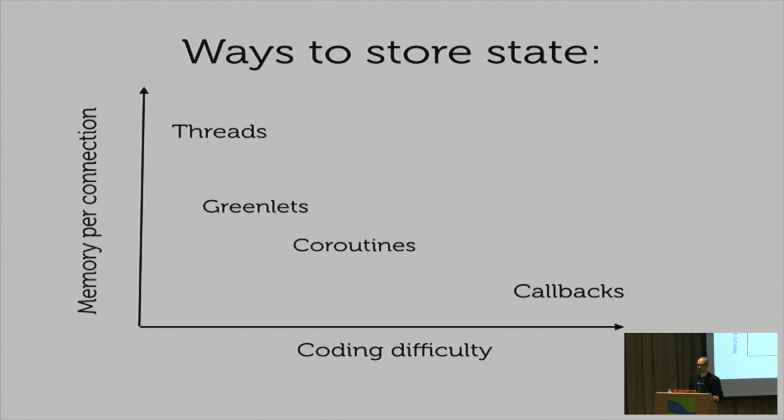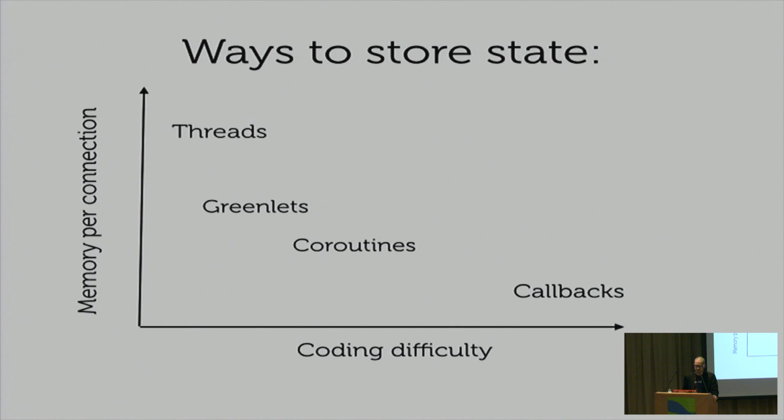And I wish I had more time to talk about coroutines today, but I'll have to defer to Tzu-Ping on that one. The point is that there are a lot of compromises in between these two extremes, and there will probably continue to be more research in this area because there's no one compromise yet that's satisfied everybody for how to store state in an asynchronous framework.